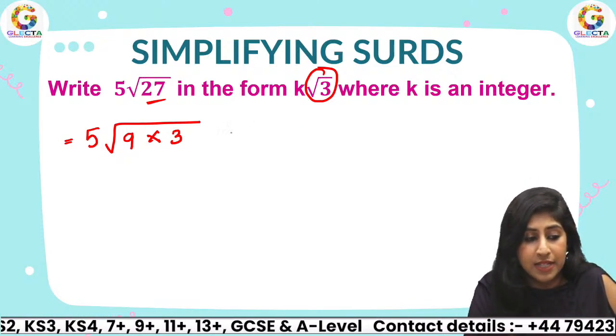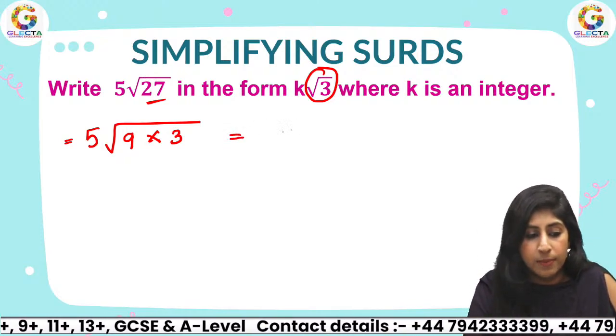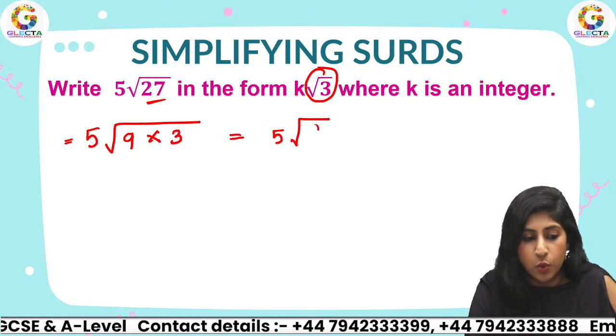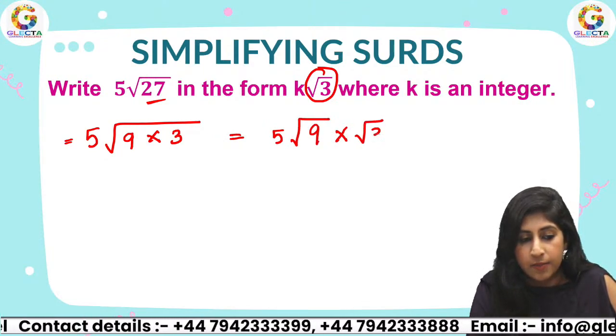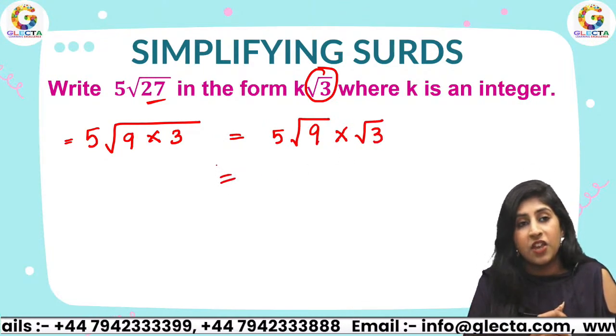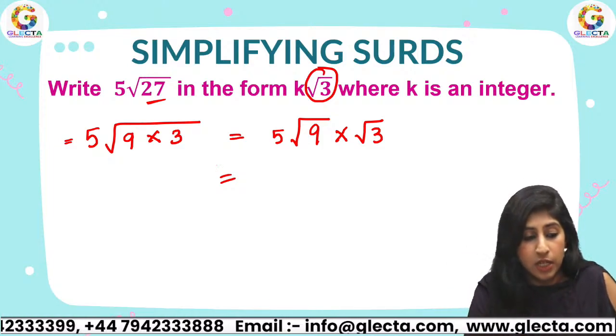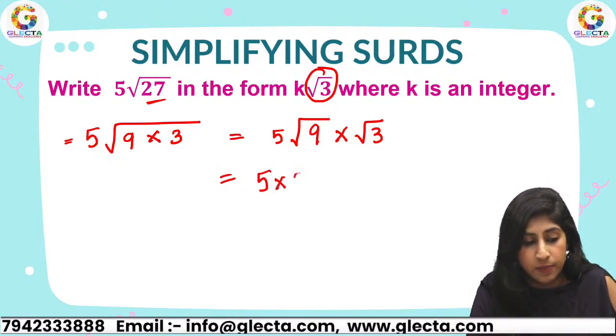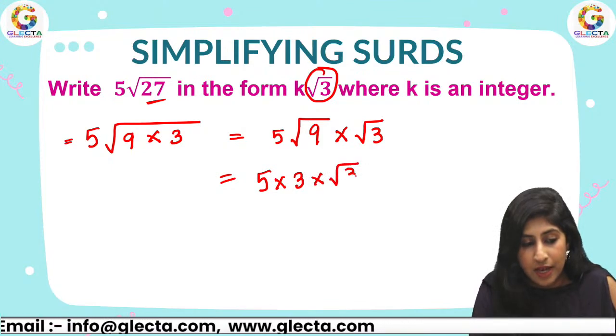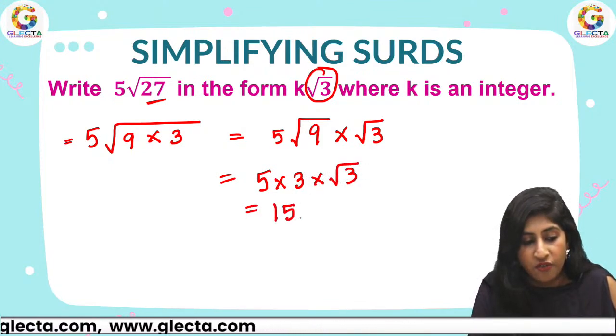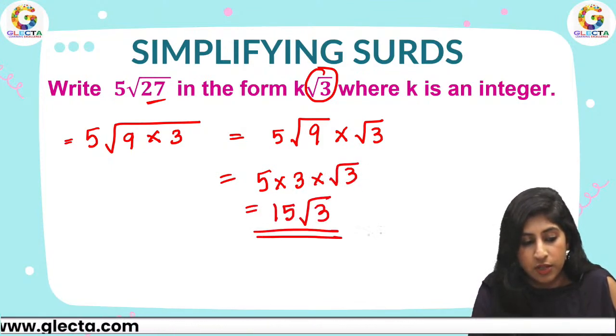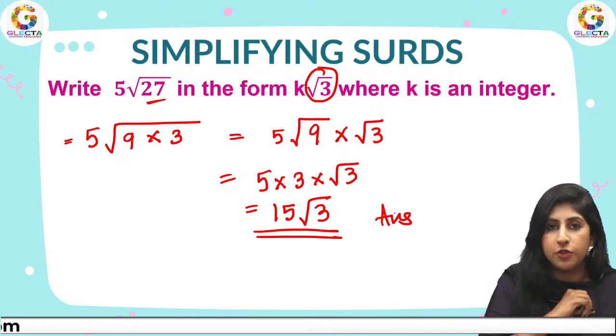So now you can separate your surds. That means you can do 5 times square root 9 times square root 3. If I talk about square root 9, that is 3, and surd 3 as it is. So this is 15 surd 3. This would be my answer.